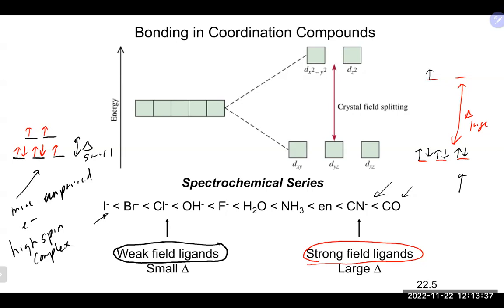So based on how those orbitals split, you will end up with a lot more unpaired electrons in this case, because they will go in basically one at a time. On the other end here, we have fewer unpaired electrons.